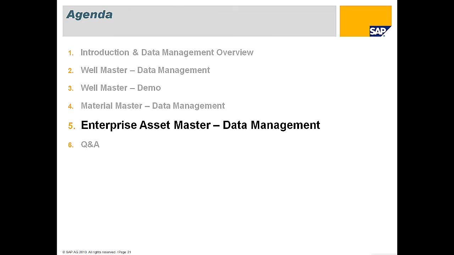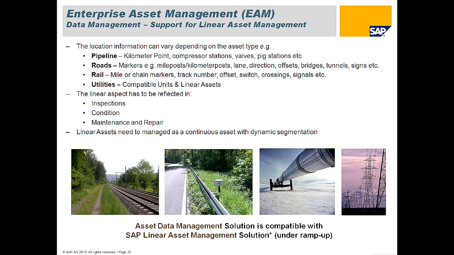We are into the final part, which is enterprise asset master data management. Assets are basically the equipments, functional locations typically maintained in plant maintenance of SAP. Customers usually use other non-SAP solutions as well, like Maximo or homegrown legacy systems.